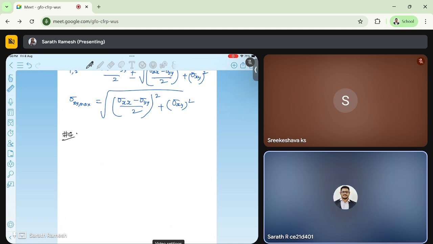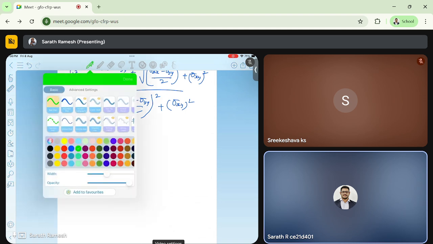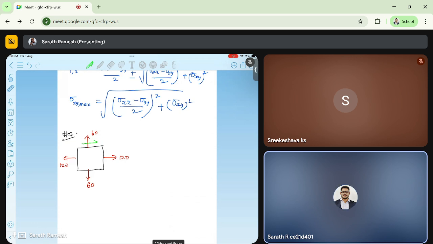Given, we have a plane stress state: 60, 120, and 40, it's also 40. Okay, this is given.